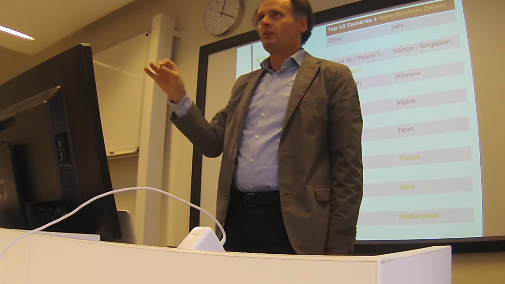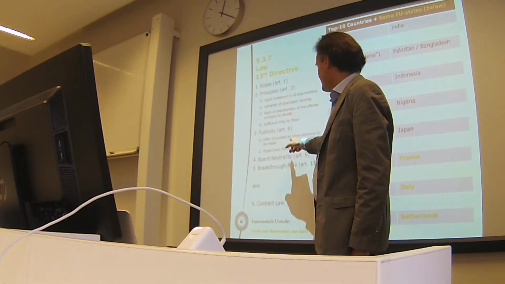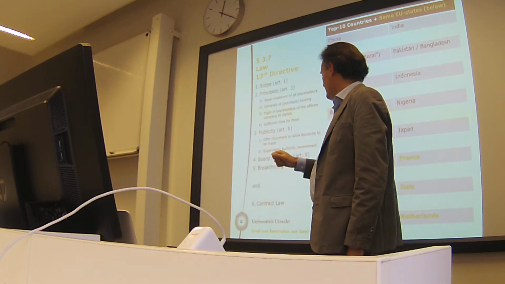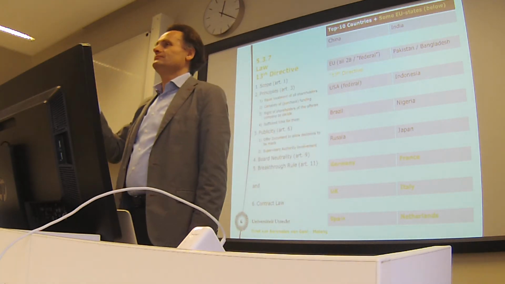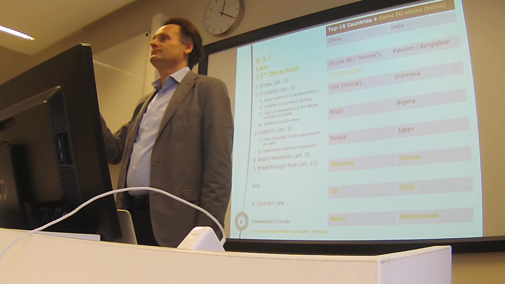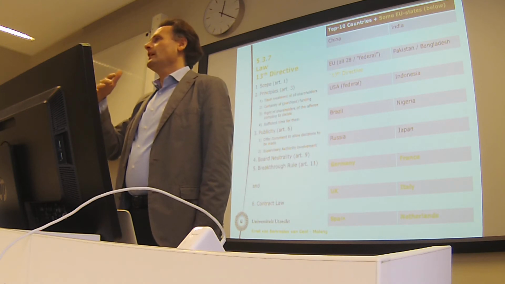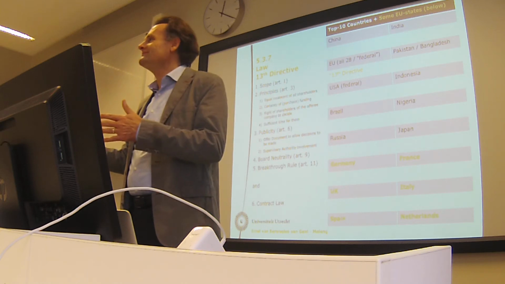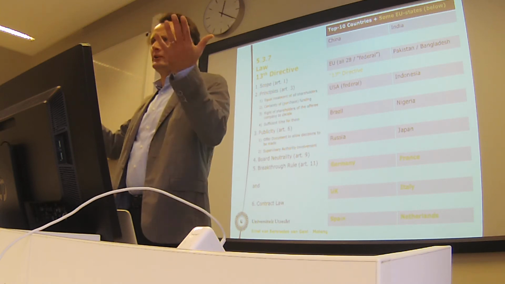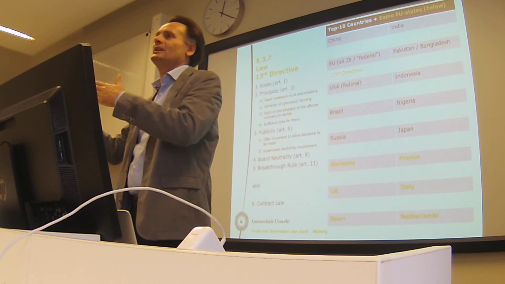pertaining to public companies, Article 6, the offer should be made in a public way. And as of that moment, that's the standard. Why? Because it's in the law. So that's a choice of a jurisdiction: let's make this public.